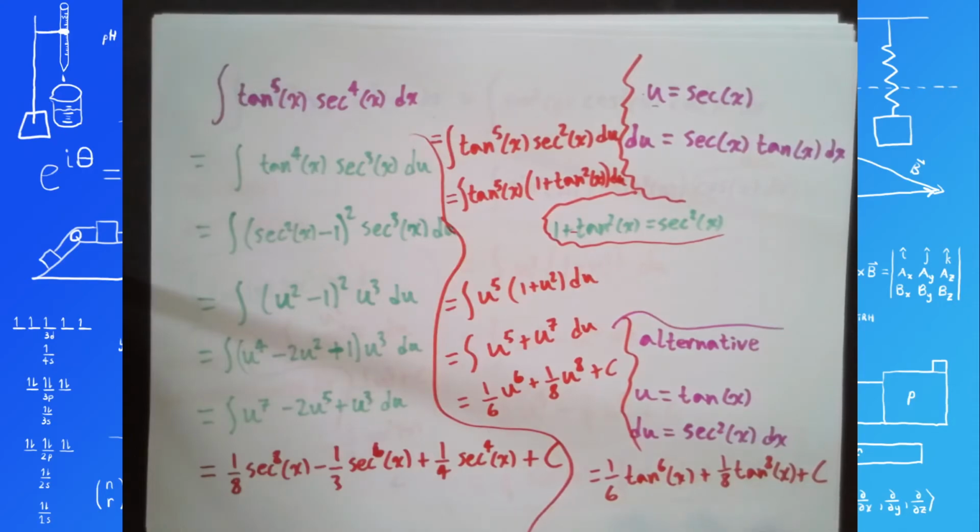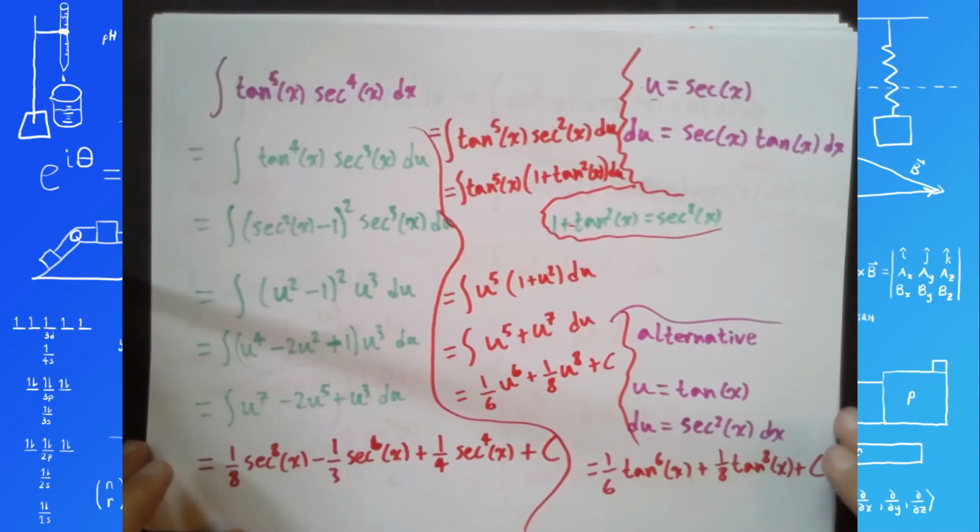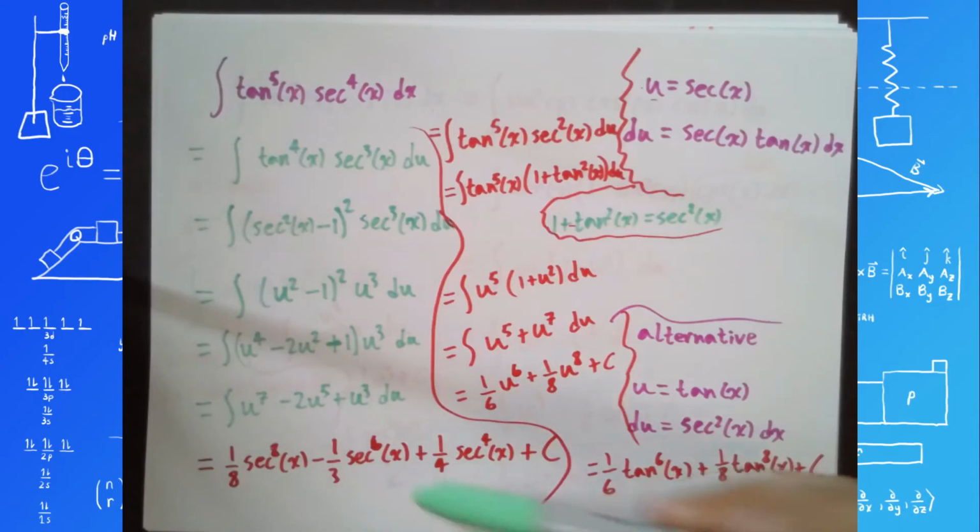And yeah, I can sort of see how I would be getting a 1/8 secant to the eighth out of that. But yeah, that's what you would have to do if you really wanted to prove that they are the same. But that's just kind of getting off course for us. So let's move on to something else.